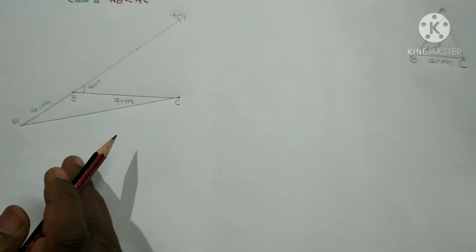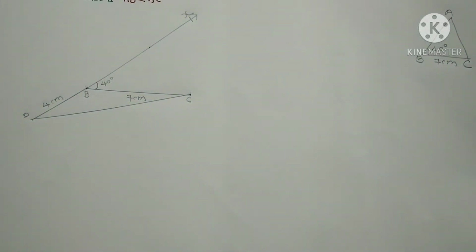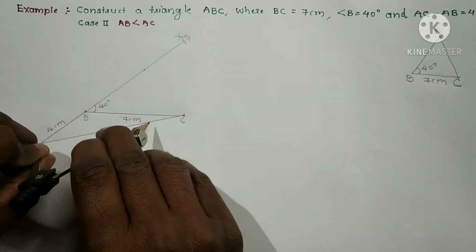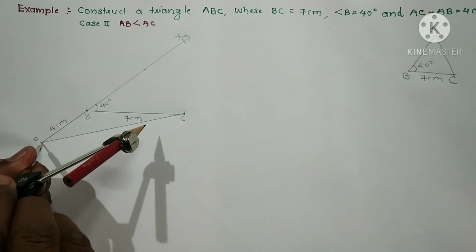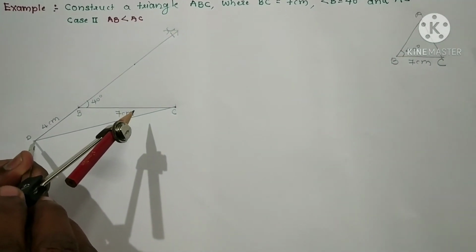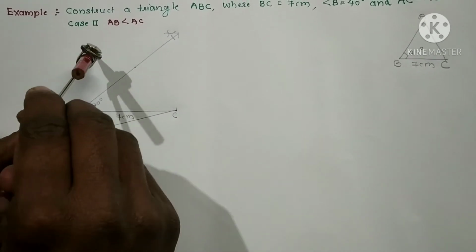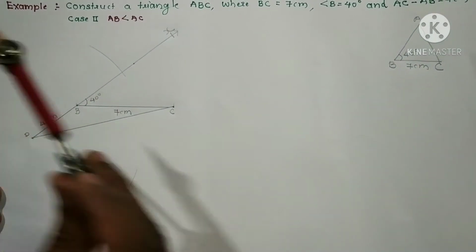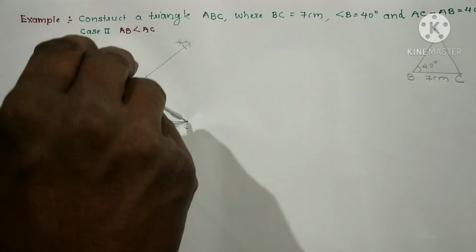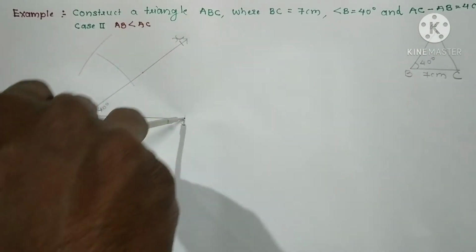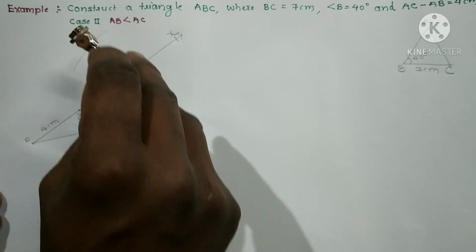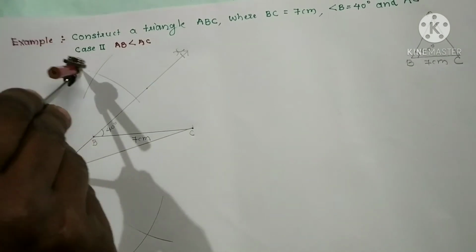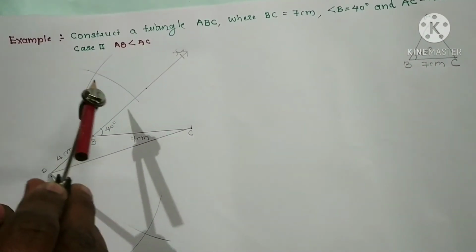Then next you have to join these 2 points D and C like this. Then next step is you have to draw the perpendicular bisector of this DC. So by taking a distance more than half, draw one arc like this. This is the second arc, and from point C draw an arc like this. These two arcs are not intersecting, therefore from here draw again one more arc like this. Now it is intersecting.